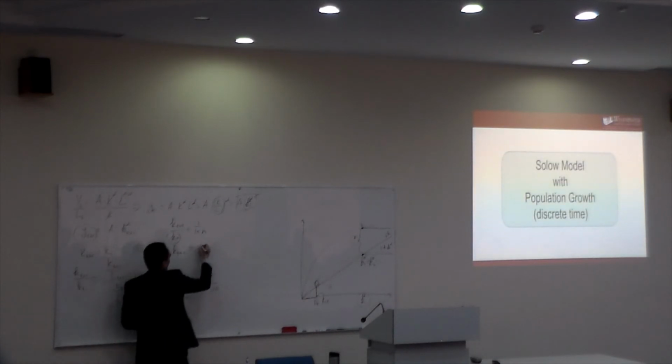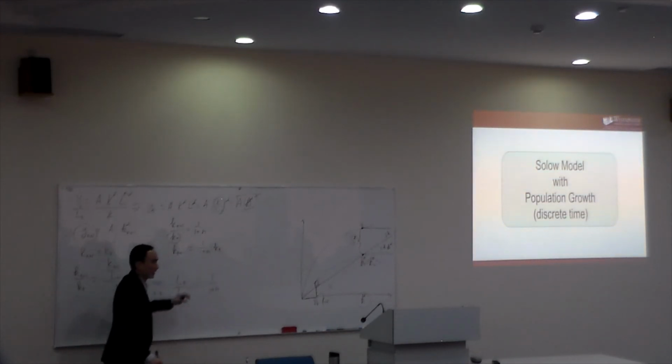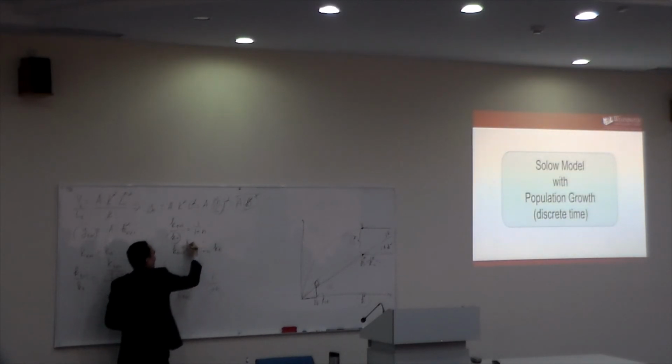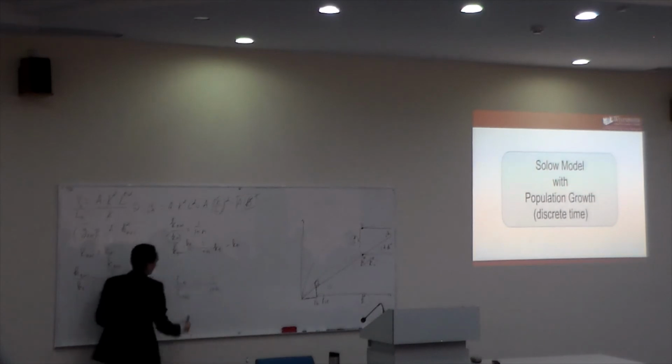Plus 1. So 1 over 1 plus n times k t. We are interested to know about the change, yes? So look, if we subtract both sides of the equation by k t, it is going to give us the change in capital per worker, right?